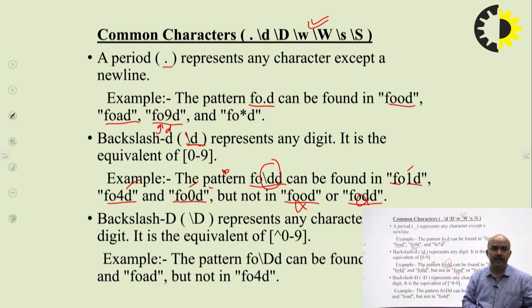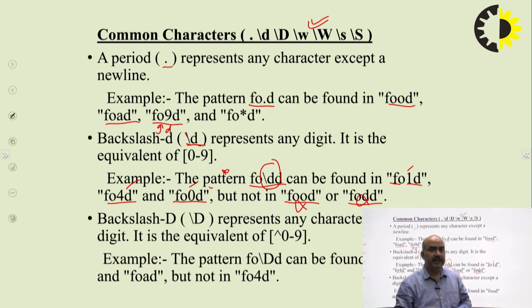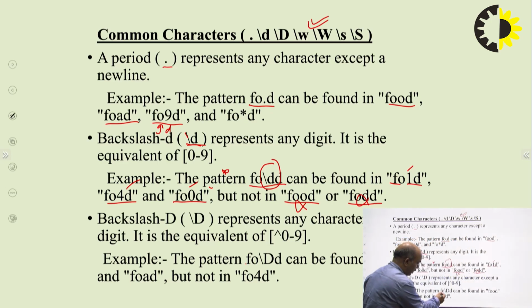Another is backslash capital D. It represents any character that appears in the input string except a digit. Small d says a digit must be there, while capital D says a digit should not be there in the given input string. Here we take the example fo\Dd.